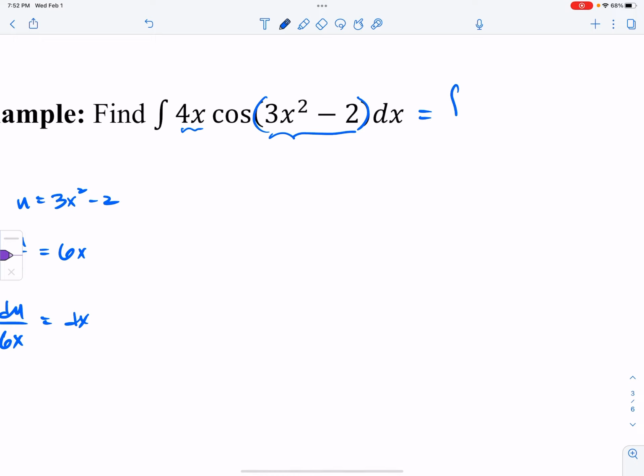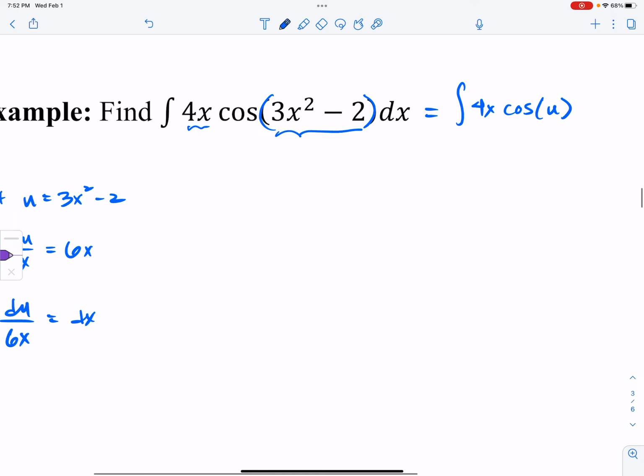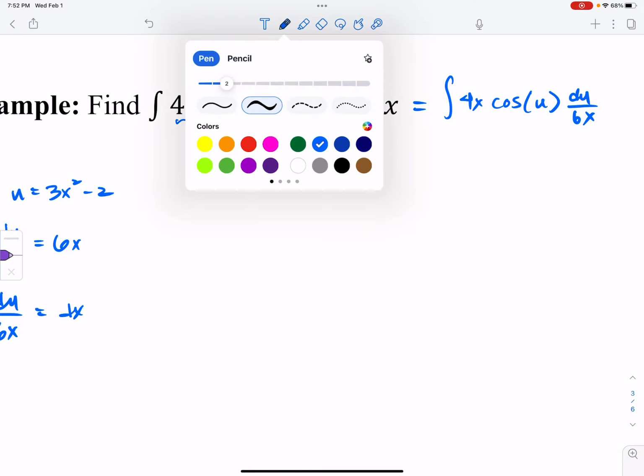Okay, so this equals, we still have 4x there, cosine of u, I use parentheses, cosine of u, and then I'm replacing dx with du over 6x. The x's will cancel.